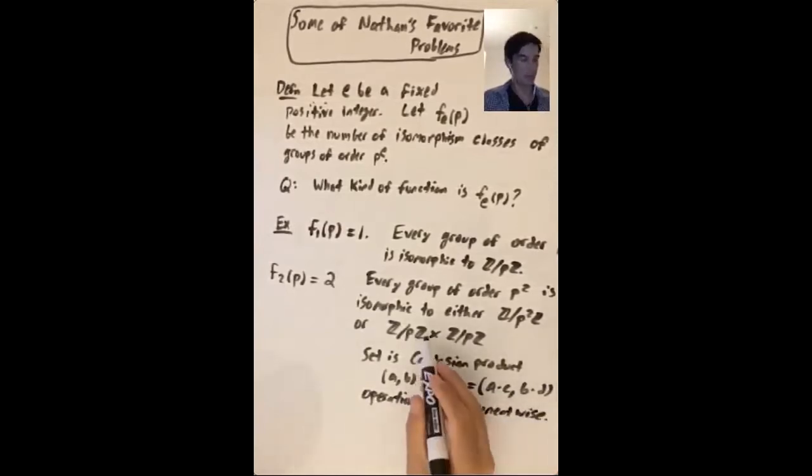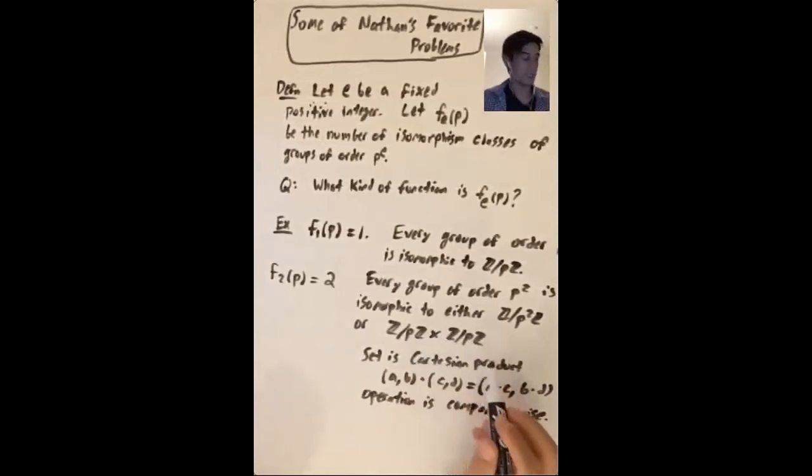So in this example, our two groups are the same. They're both Z mod pZ. But you could imagine, in this case, the operation is the operation in the first group, and in the second coordinate, the operation is the operation in the second group. It will not be hard to see that these two groups are not isomorphic to each other. They give you two different groups of order p squared. But we'll prove that every group of order p squared is isomorphic to one or the other.